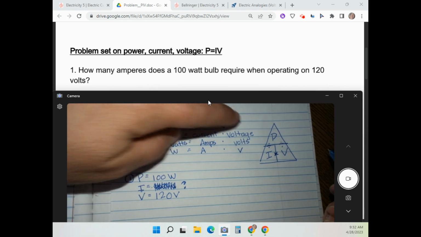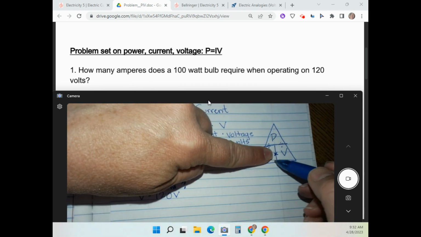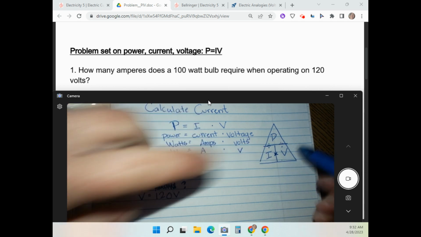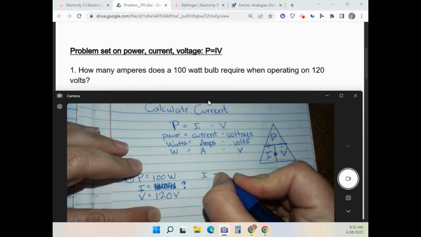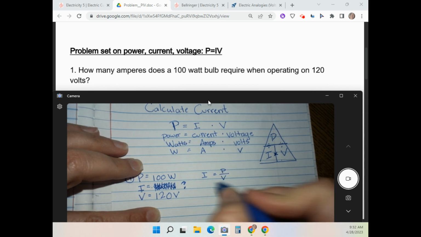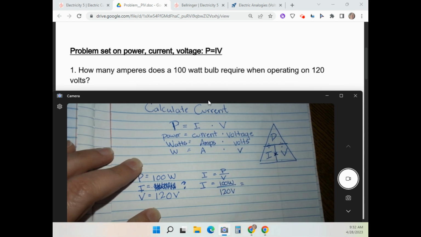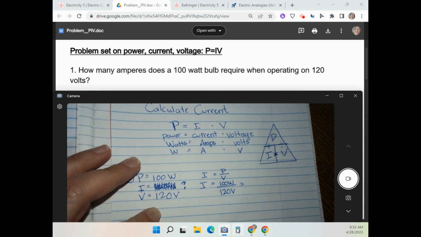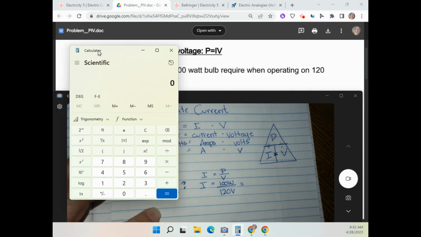So when I go back to my cheater triangle, I'm going to say, well, I need amps. So power divided by volts is what I'm looking for. And so I can just plug in after that. And then we can pull up our calculator to make sure that we have the correct calculation.